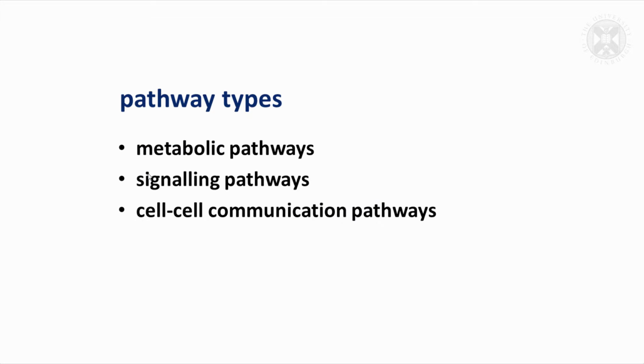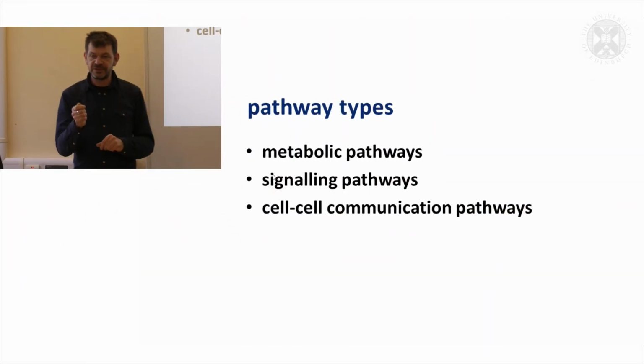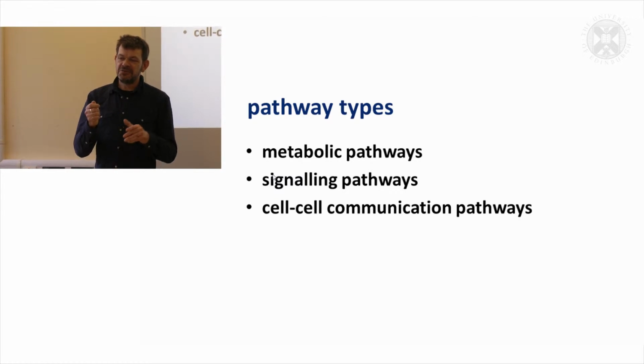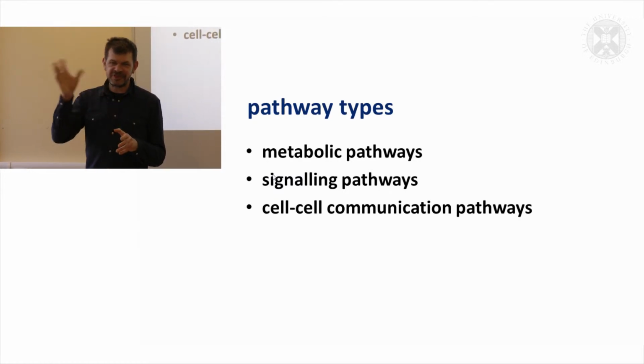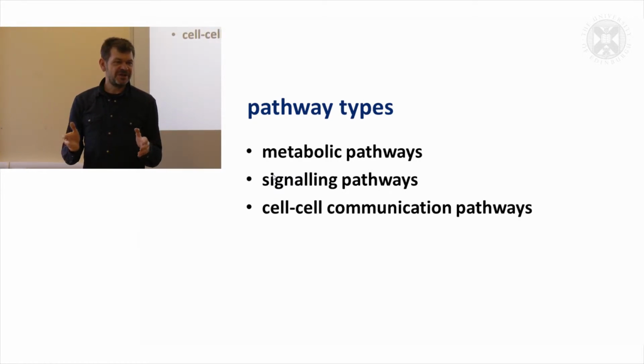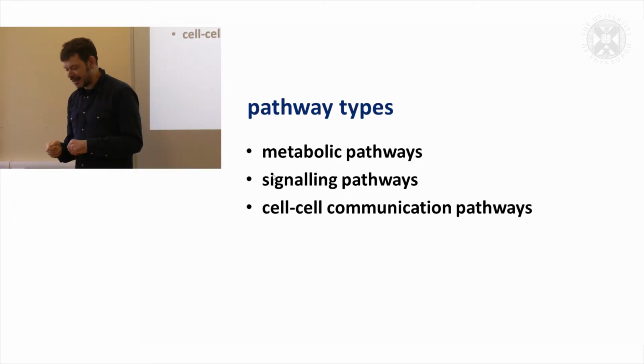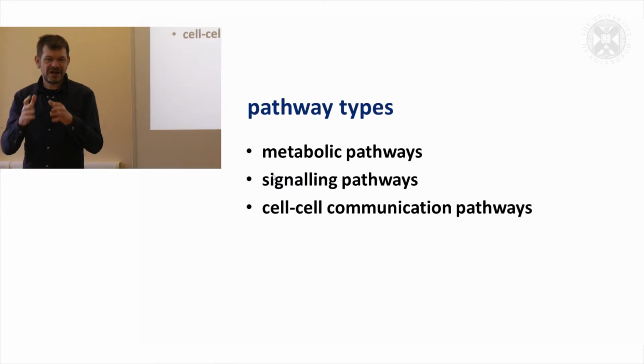So in terms of the overall type of pathways we might consider, and this isn't an exhaustive list, of course metabolic pathways. Metabolic pathways actually predate signaling pathways by many years. So the biochemists, even from the 1950s, 60s onwards, were trying to map out how a given metabolite changed from one form to another. The basis of glycolysis, the TCA cycle, classic pathways.